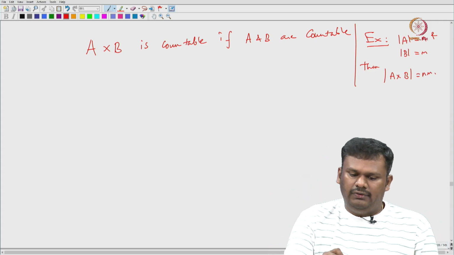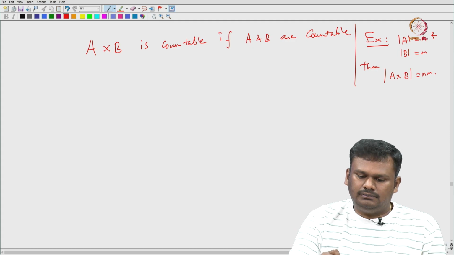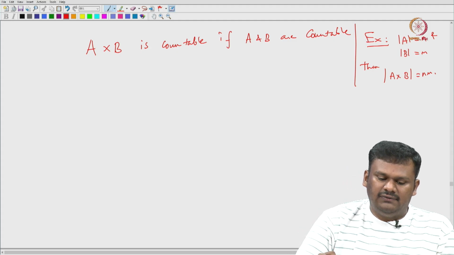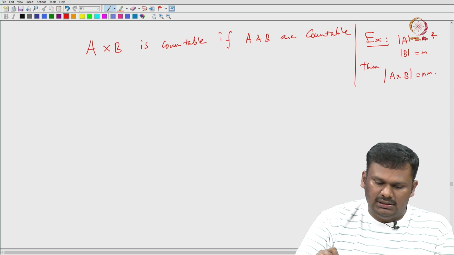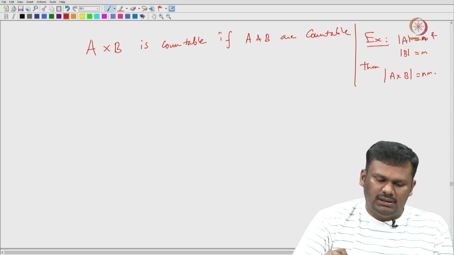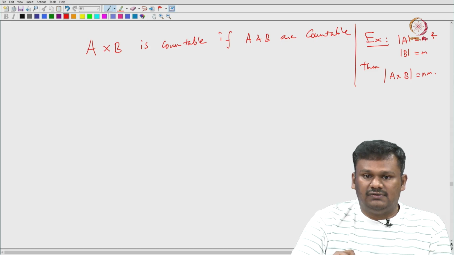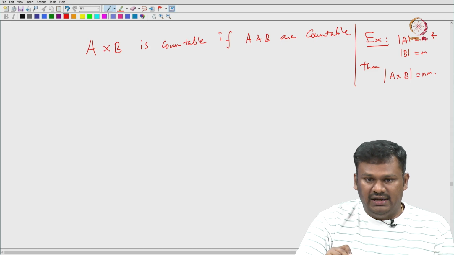So, now what do we want to do? We want to prove that A cross B itself is countable when A and B are countable. If one of them is infinite, then it becomes countably infinite. Okay. So, you can deal with each case similarly. The most non-trivial case will be if both of them are countably infinite.